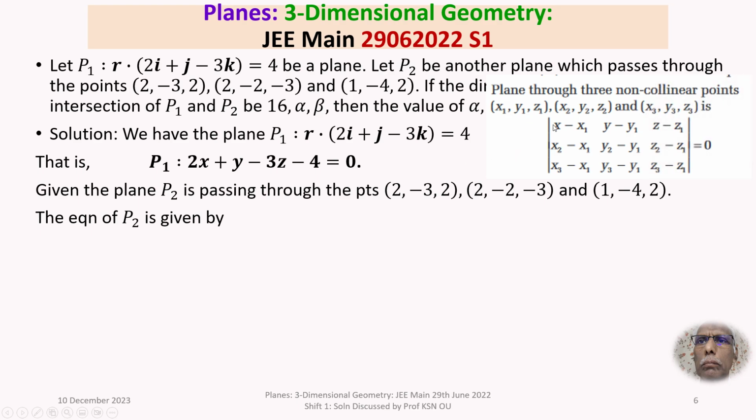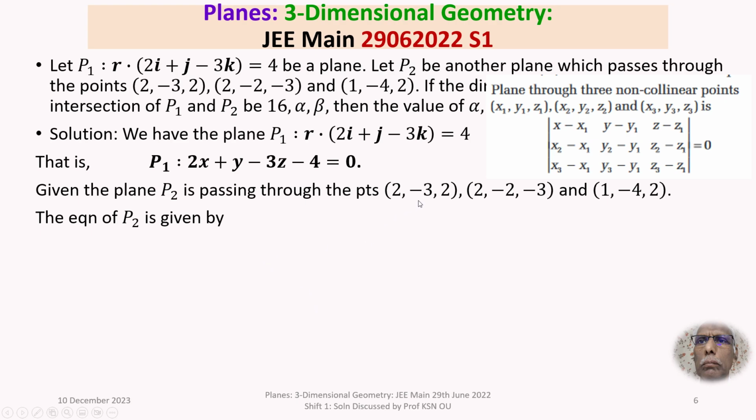If (x1, y1, z1), (x2, y2, z2), (x3, y3, z3) are 3 non-collinear points, then the plane passing through these 3 points is given by this determinant equal to 0. The 3 by 3 determinant: first row x minus x1, y minus y1, z minus z1; second row x2 minus x1, y2 minus y1, z2 minus z1; third row x3 minus x1, y3 minus y1, z3 minus z1; that determinant is equal to 0.